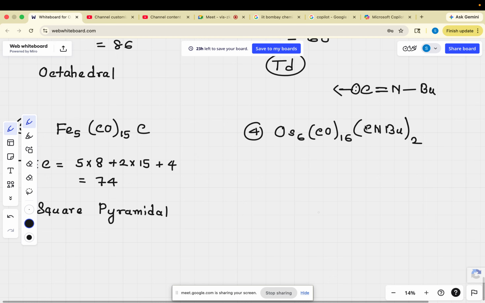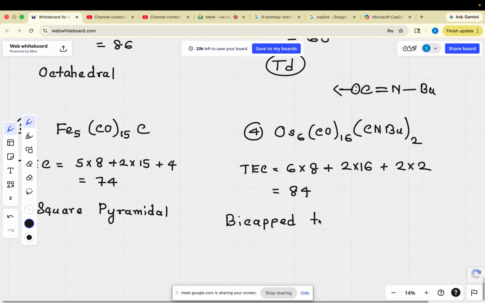Clear? So total electron count will be what? 84. 6 into 8 plus 2 into 16 plus here these are 2 into 2. So you are getting 84. So that means write down bicapped tetrahedron. Bicapped tetrahedron.